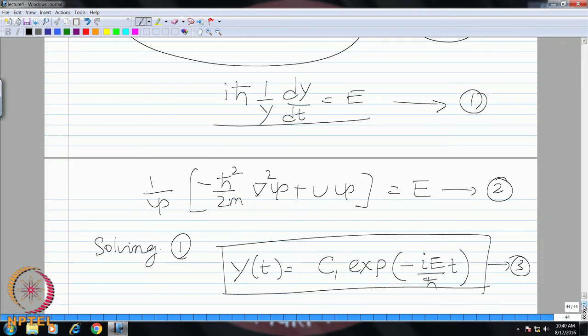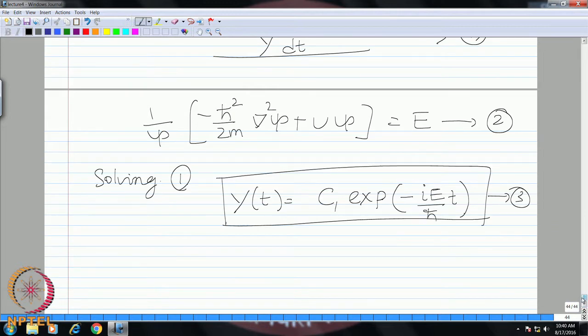Okay. So, we will just keep this as it is. Now, because the final solution is a product of the two independent solutions, this will directly be multiplied to the solution for 2. So, we will just leave it. Now, this is the simplest solution. What it says is the wave function is varying with time in this particular manner, exponentially.